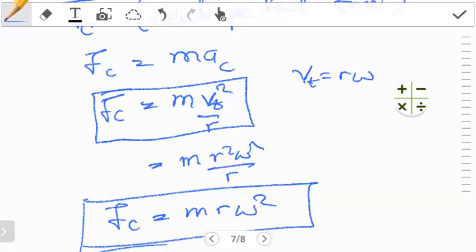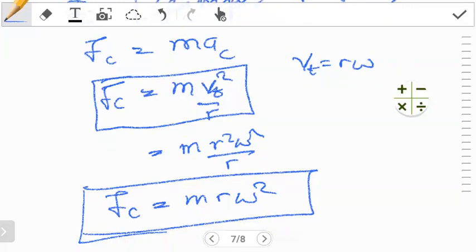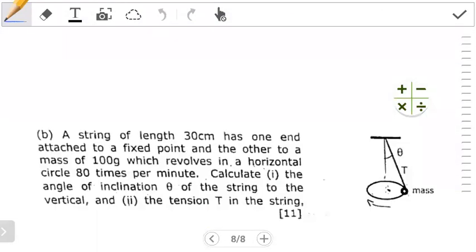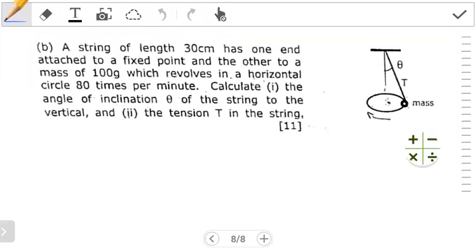Now I could have left this part for the next video, but I thought of including it so that when I say you try this question out later on, you have enough tools to work it out. This question is kind of interesting. I found it in a number of exam papers, of course with values changing here and there. But in this exam, it carried 11 marks.